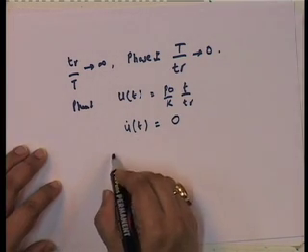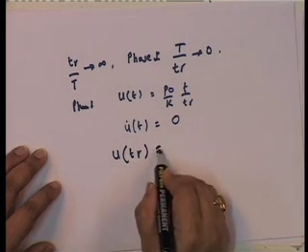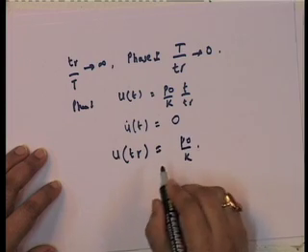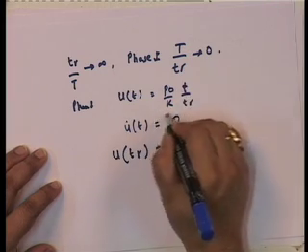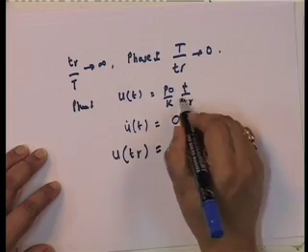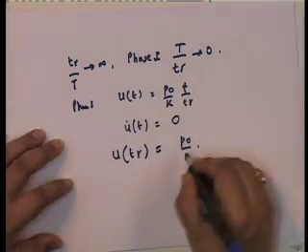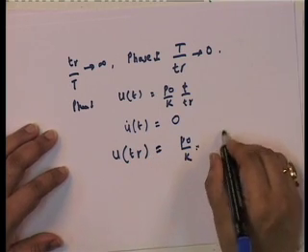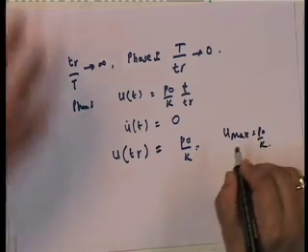So, what is the value at the end of phase 1? Well, P naught upon k. So, the maximum will be at t equal to t_r, because if I differentiate this, I get that this is equal to 0. Okay. So, this is the maximum. So, in other words, u max is equal to P naught upon k.